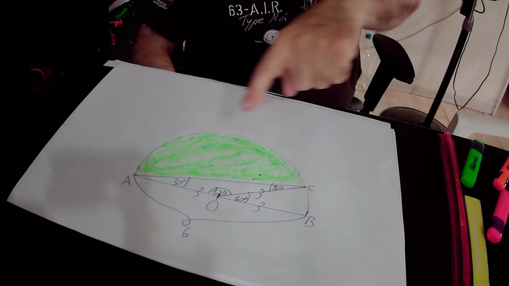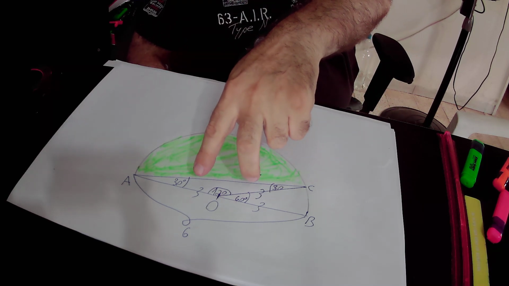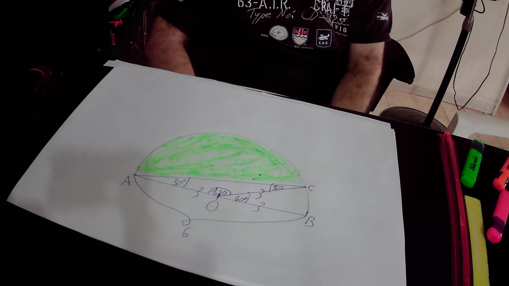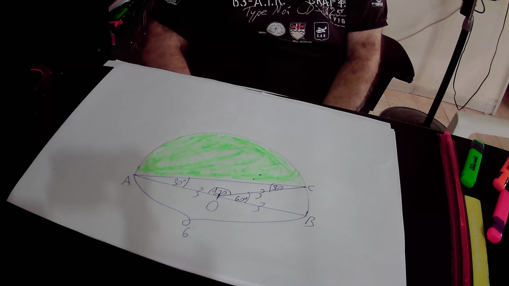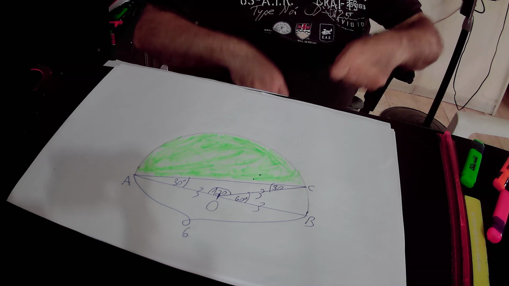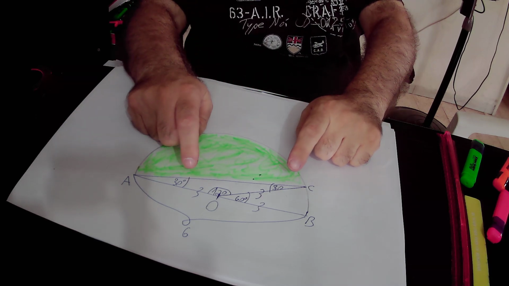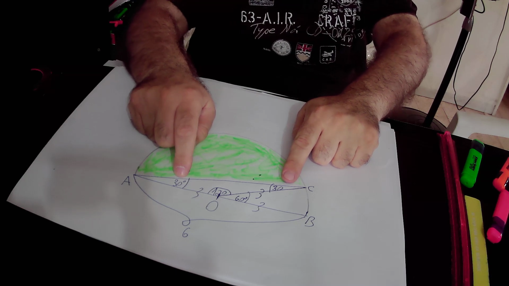So in triangle AOC, those two sides are both equal to 3 units, therefore they are equal to each other. And we have the rule that opposite equal sides in a triangle there are equal angles. So those two angles that are located opposite equal sides must be equal to each other.